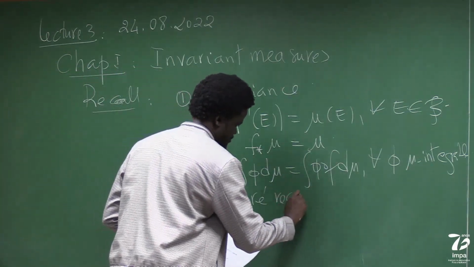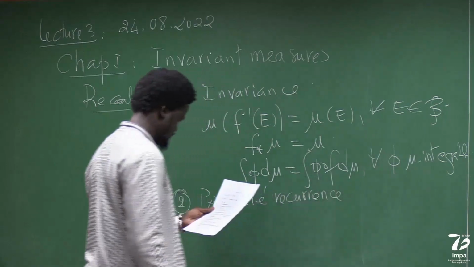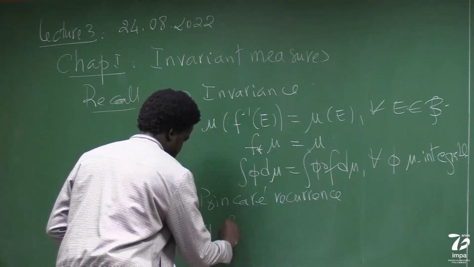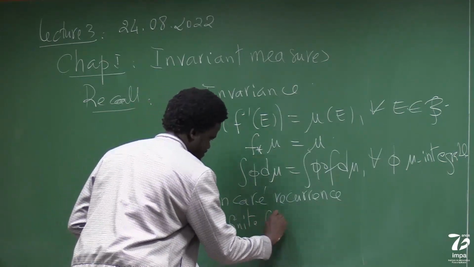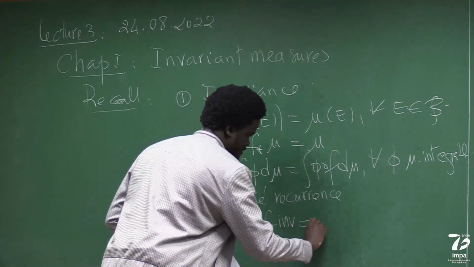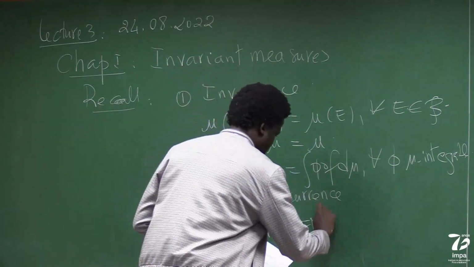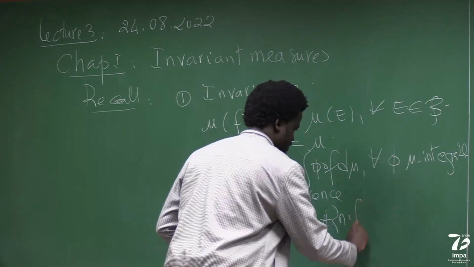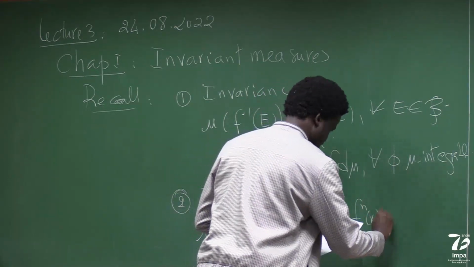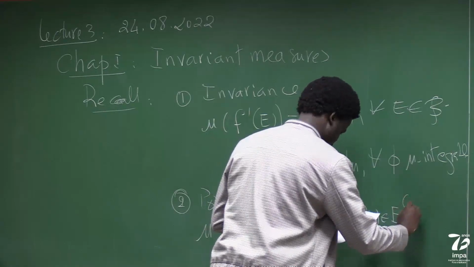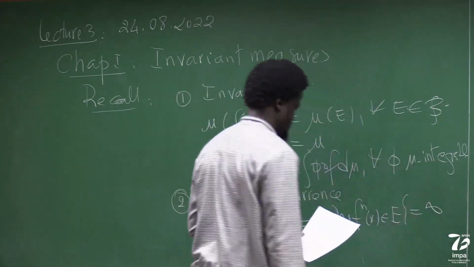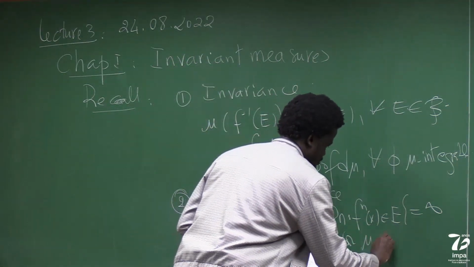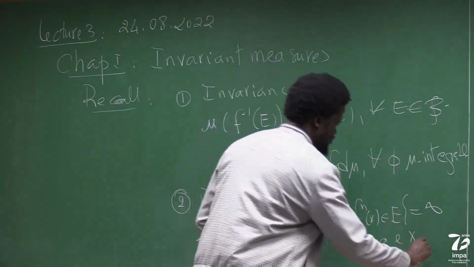Poincare recurrence says that mu finite and f invariant implies that the number of n such that f n x is in E is infinite for mu almost every x, where mu of E is positive.